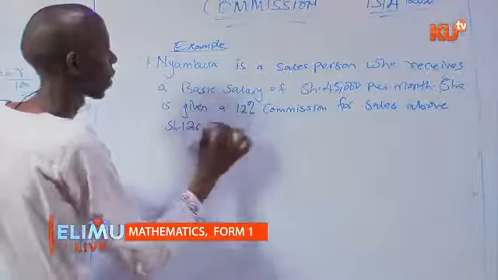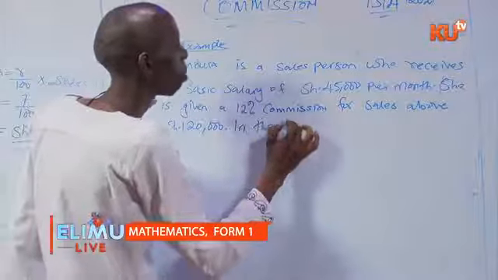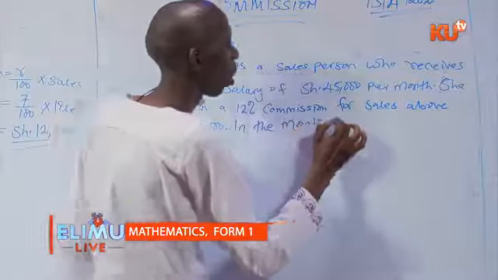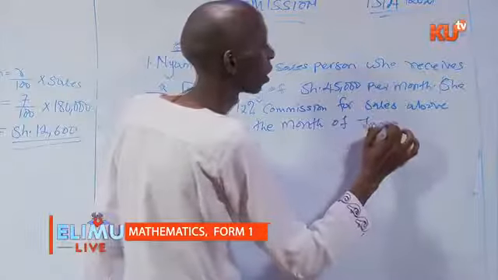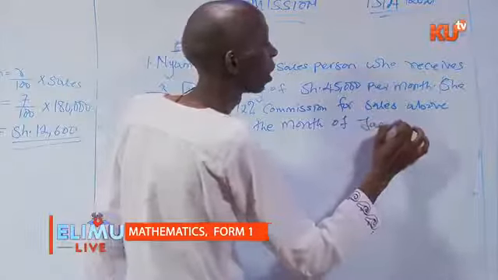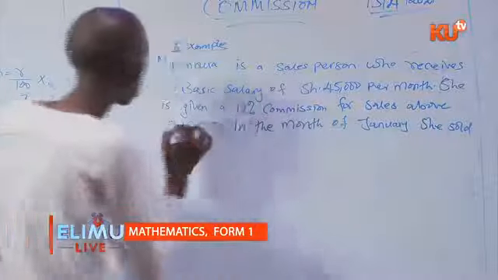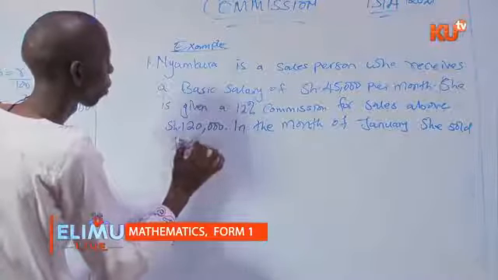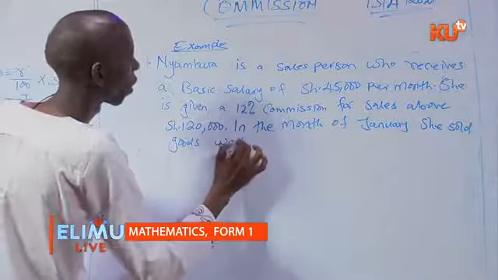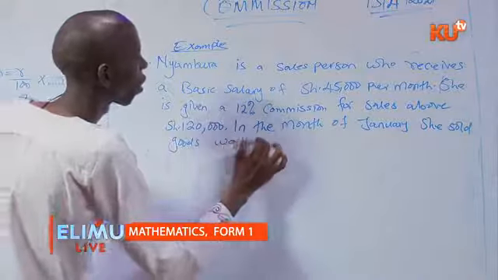In the month of January, she sold goods worth 300,000 shillings.